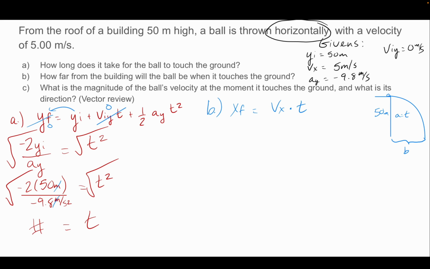Then we can go back for C and we're going to have to find Vf because it wants to know the magnitude of the ball's velocity the moment that it touches the ground, right? And what is its direction. So in this case, you've got three choices.